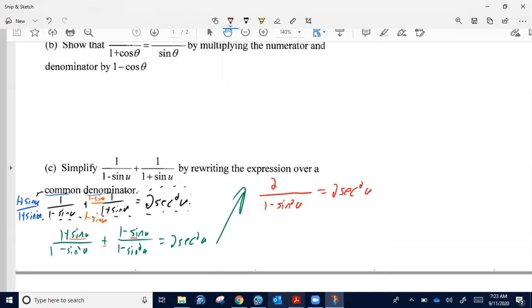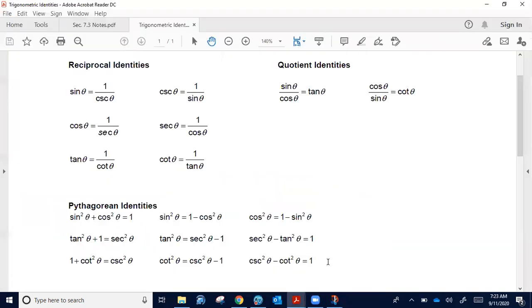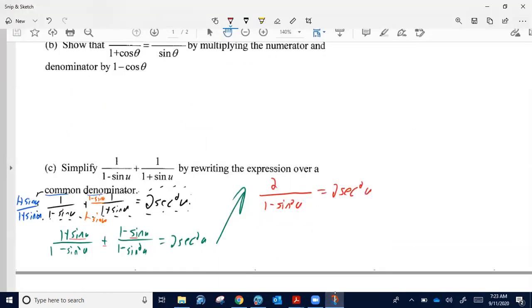I don't know what's going to happen with that, but I do know, again, that 1 minus sine squared from your identity sheet, 1 minus sine squared is always cosine squared. So 2 over cosine squared equals 2 secant squared. I want secant, but I have a cosine.